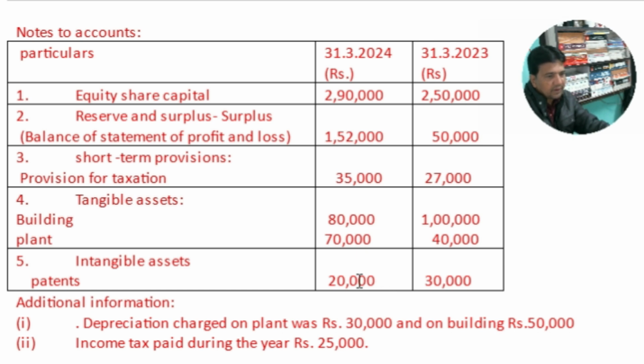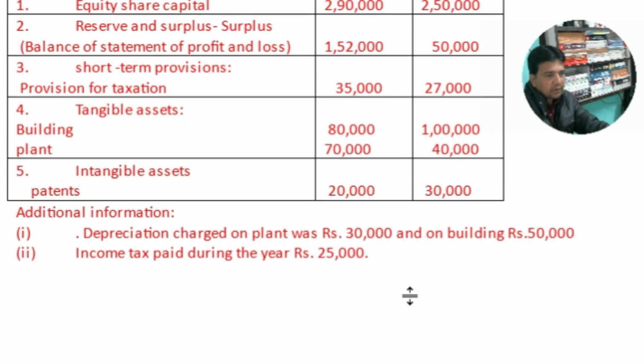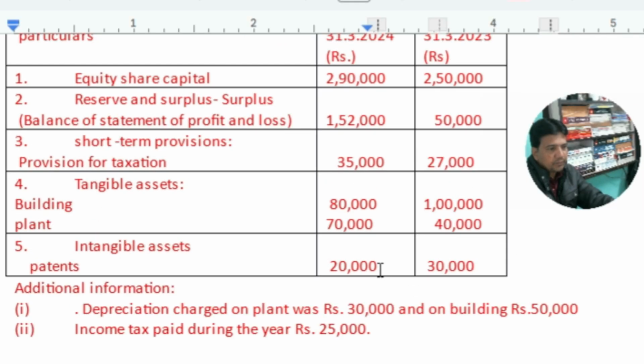The balance of 20,000 will be written off in the next few years. When this type of item is written off against the profit and loss account, the balance of profit is decreasing by 10,000.